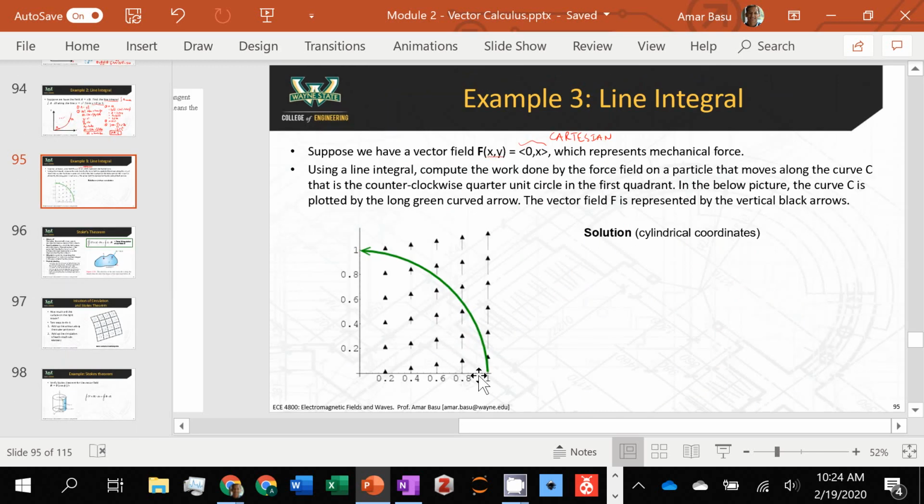In this case, it's a line represented by a quarter circle. Can someone in the class tell me what the limits of integration for r and phi are going to be? I'm sorry, we're only integrating a single variable, so there's going to be a range of a single variable. Let me rephrase the question: what is r and what is phi during this integration?